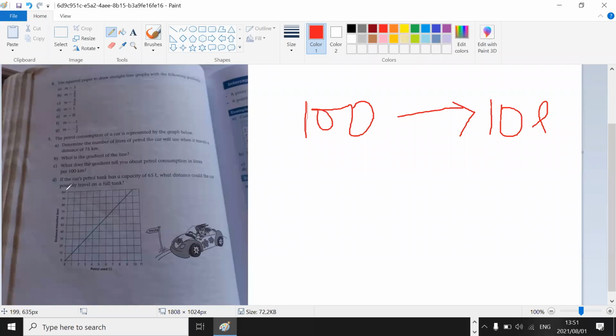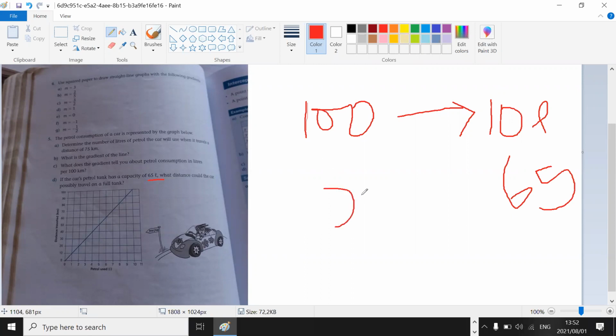If it travels 100 kilometers, it's going to consume how many? 10 liters. Do you see that? Yes. So now the question says the car's petrol tank has a capacity of 65 liters, which is not in this diagram. So the question requires us to find the distance the car could possibly travel on a full tank.